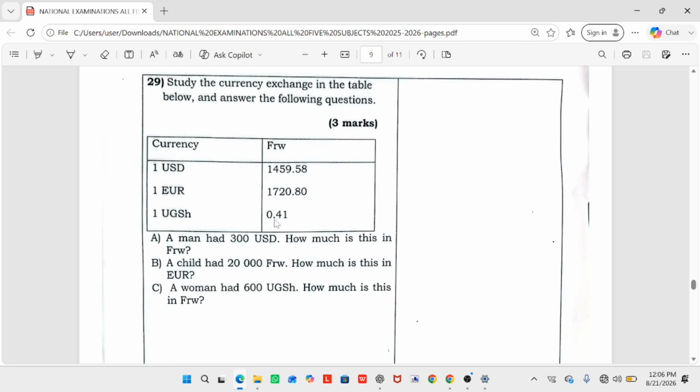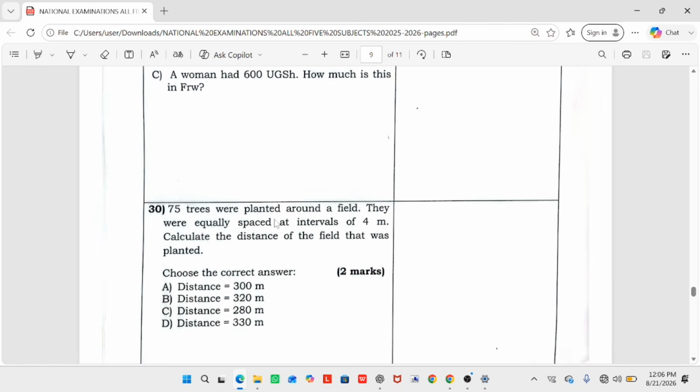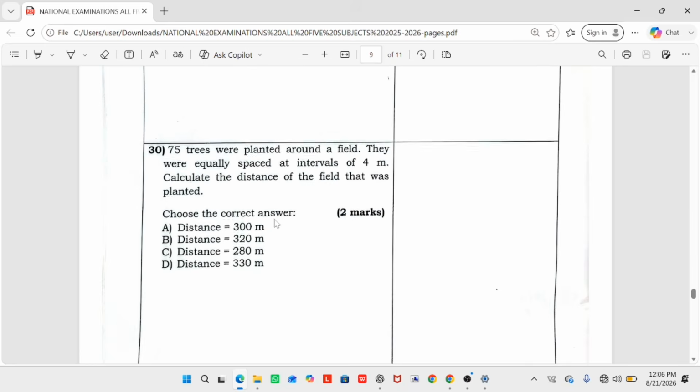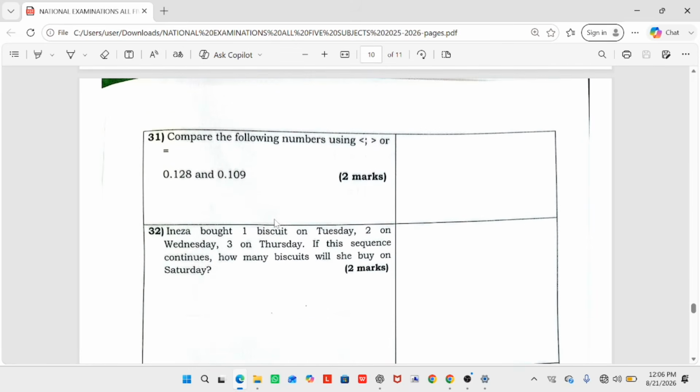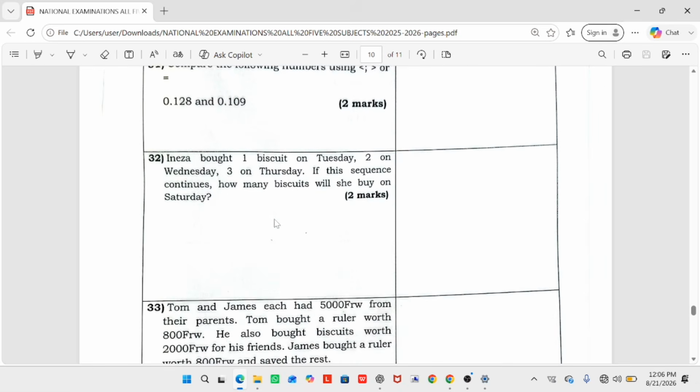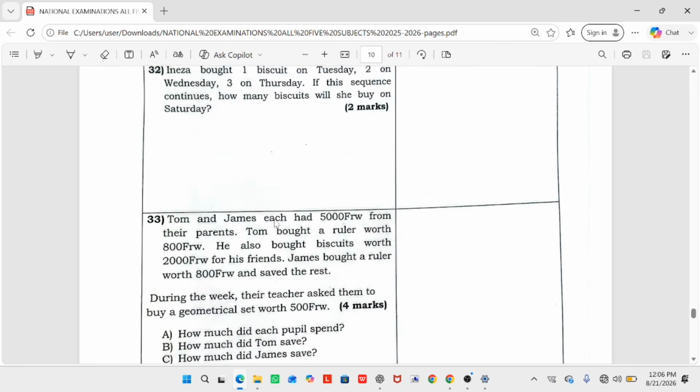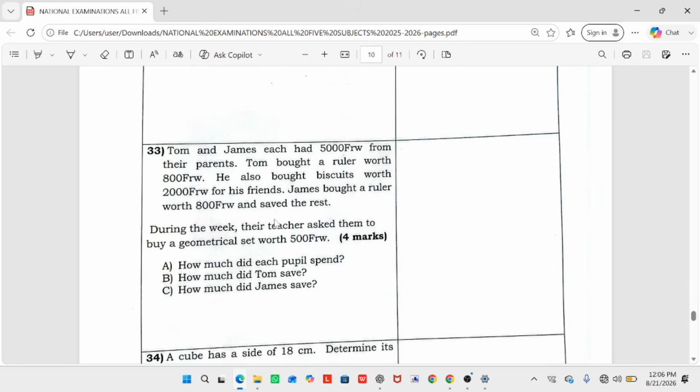Question number 29, question number 30, question number 31, comparison, question number 32, and this is question number 33.